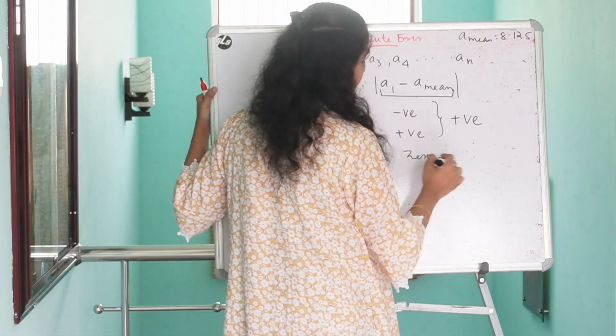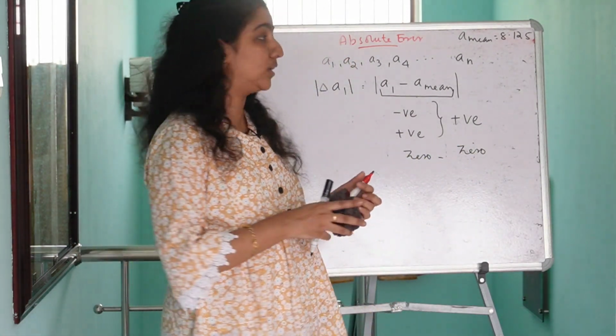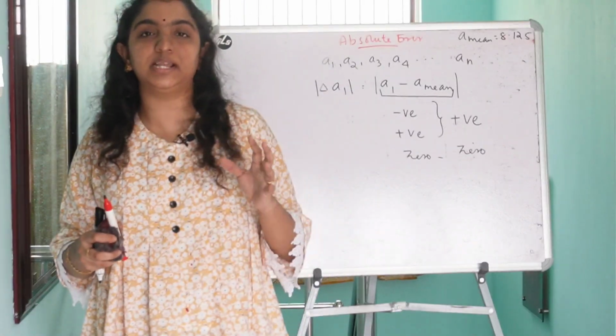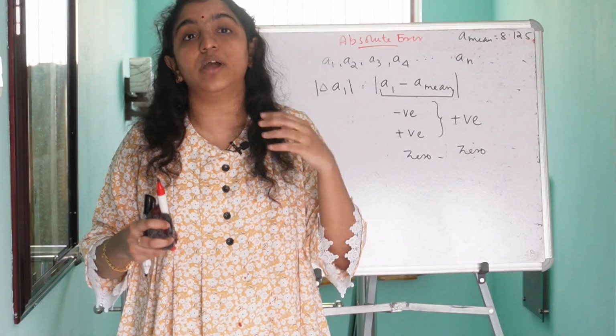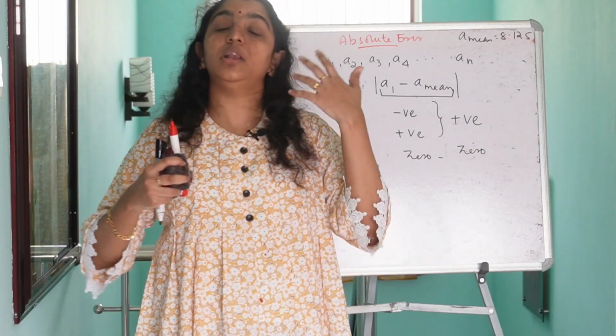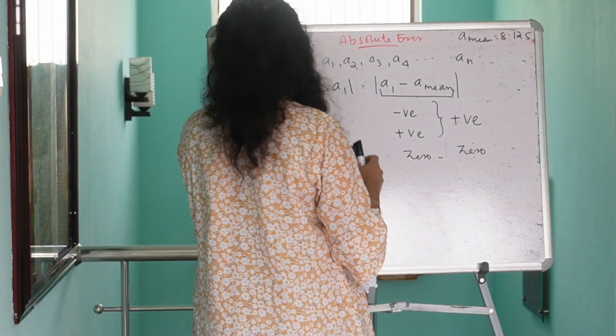If the error obtained is 0, then the absolute error of that particular measurement is also equal to 0. Is it clear? So we can say the absolute error of individual measurements will always be positive. Is it clear, guys?